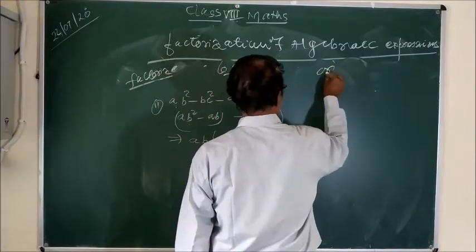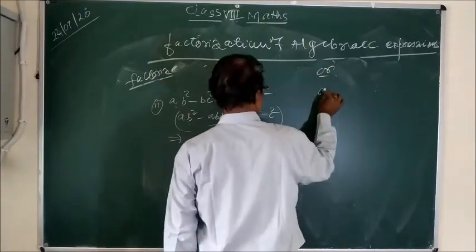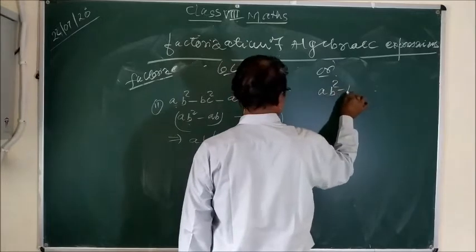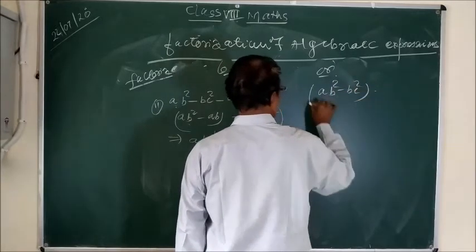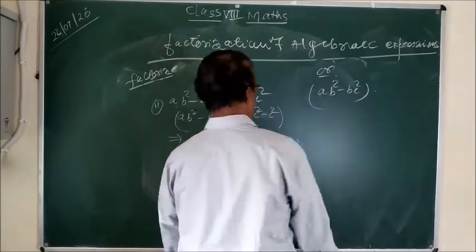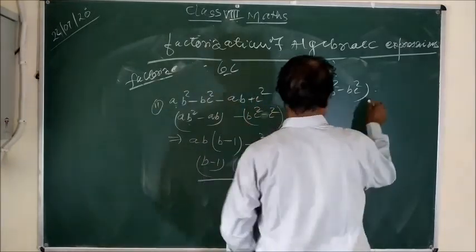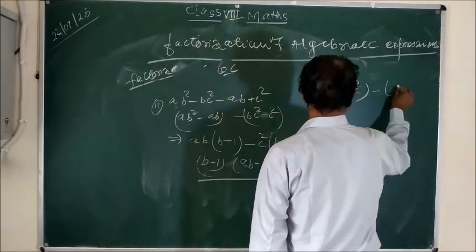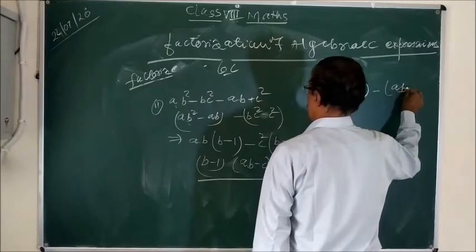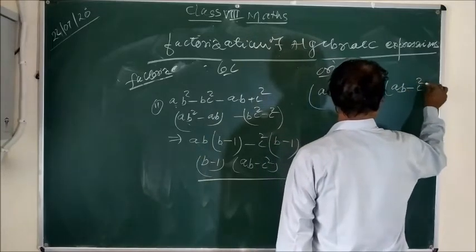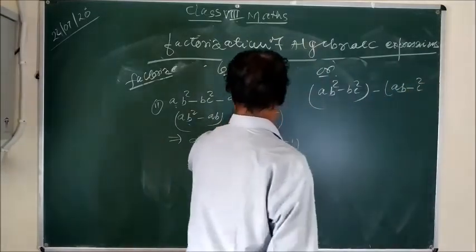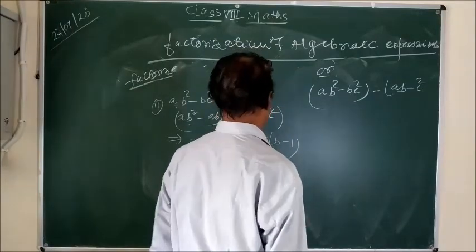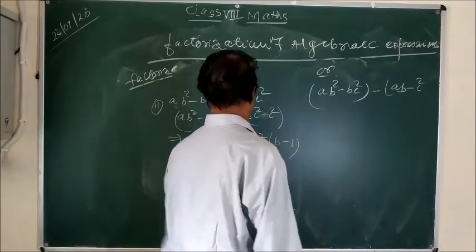See the alternative. You can take AB square minus BC square. Here common is B, and here will be minus AB, or this will be minus as I have told you. But here is no common, so how can you take? This is not correct.